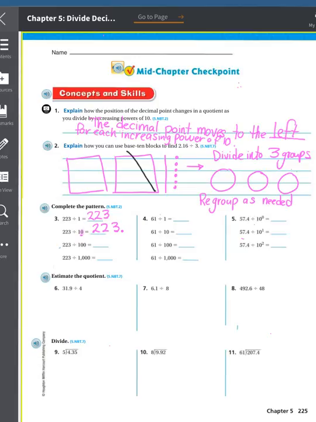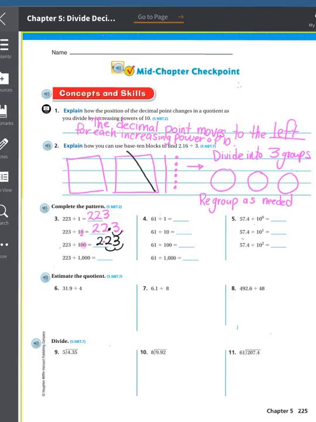The answer is 22.3. Here, how many zeros do I have? 2. So I'm going to move my decimal point 2 places to the left. That's 1, 2. My decimal point will be right here.